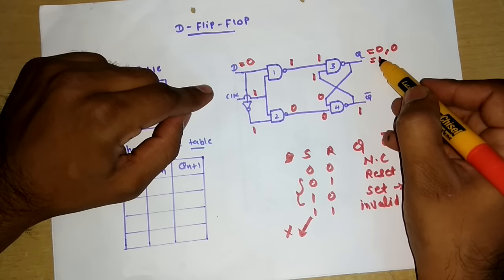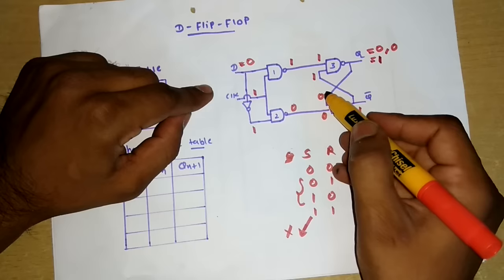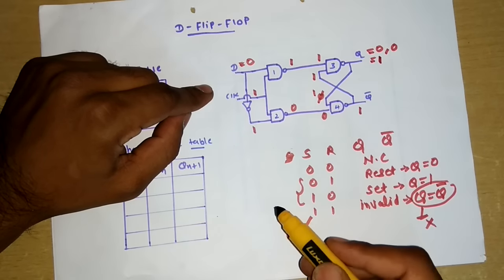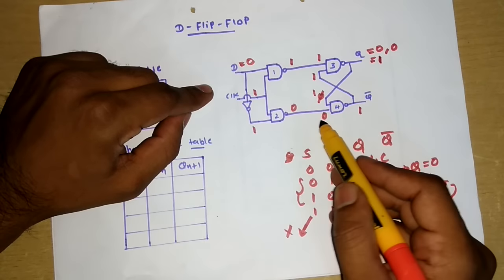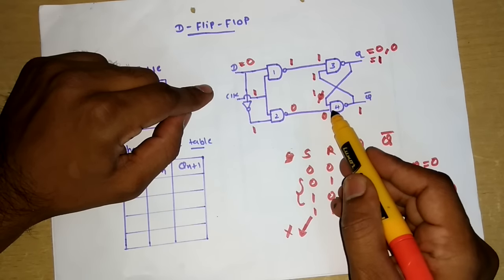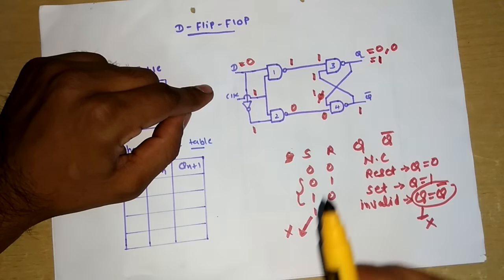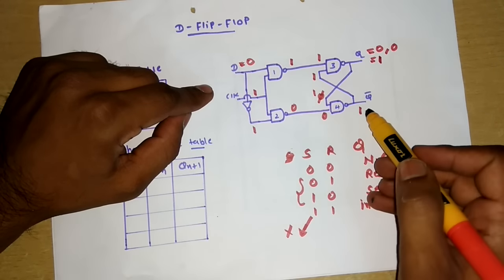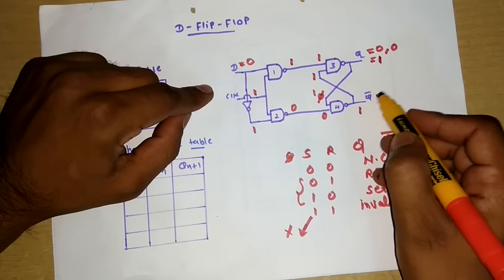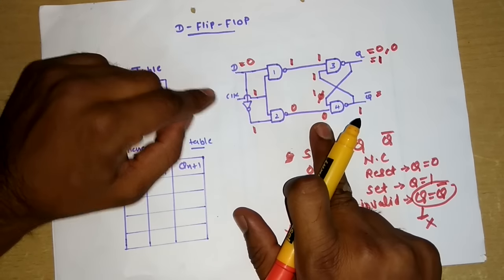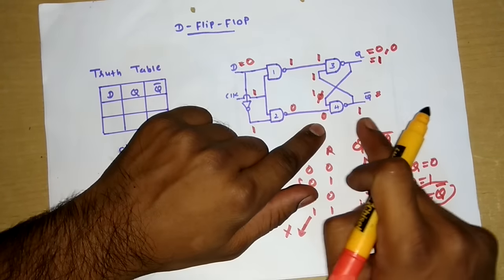If you assume, let's say, your present state is 1, then instead of this 0, 1 comes over here. 1 and 0. Because this input will be always 0, and if you have any input which is at 0 logic, your output will be always 1. So your Q bar will be always 1. What I want to say is, if any input is at 0 logic, your output becomes 1.